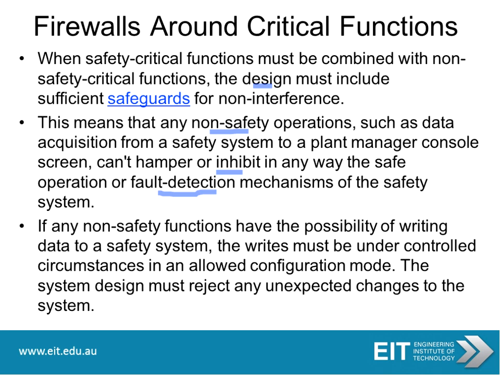If any non-safety function has the possibility of writing data to a safety system, the writes must be under controlled circumstances in an allowed configuration mode. Your system design must reject any unexpected changes to the system.